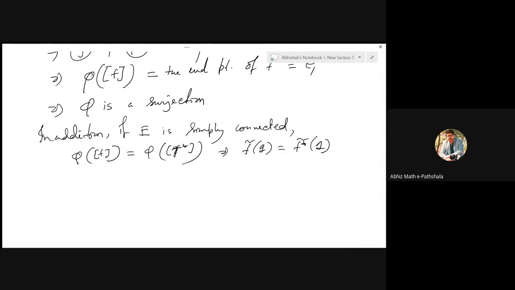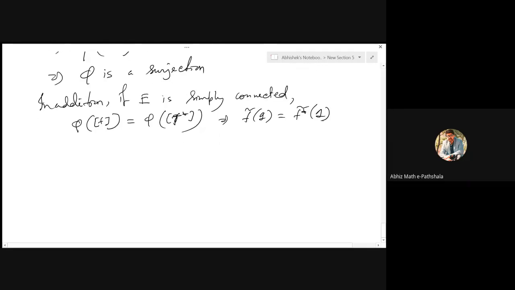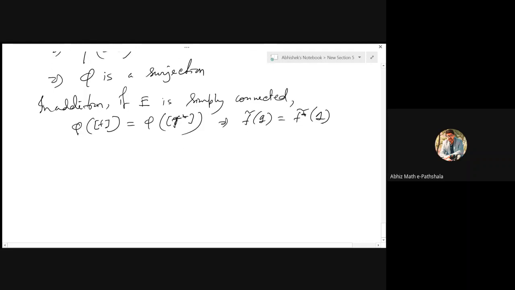Now, as you know, if you have a simply connected space, and you have two paths which start and end at the same points, then they will be path homotopic.